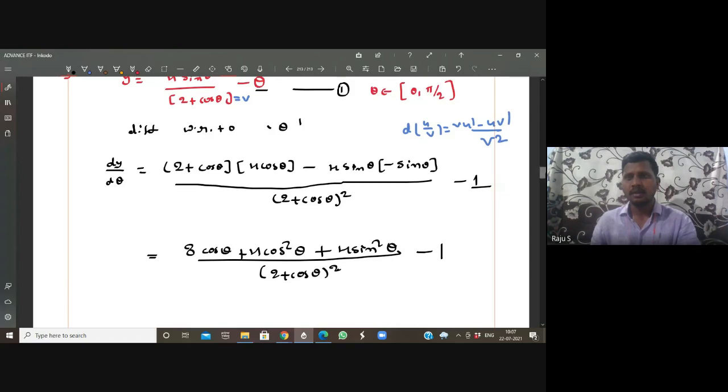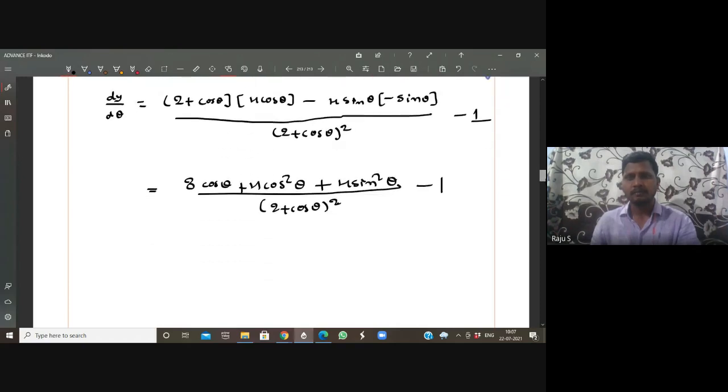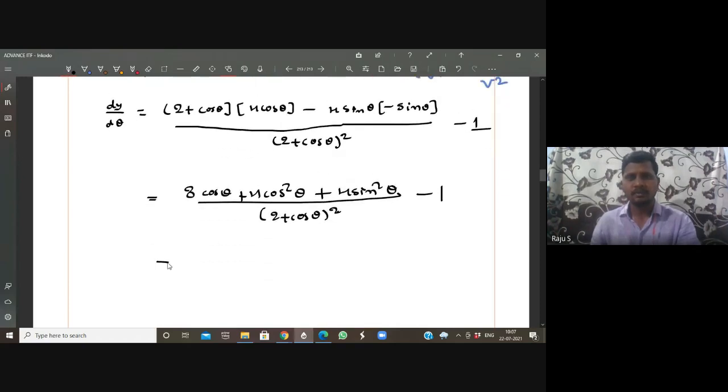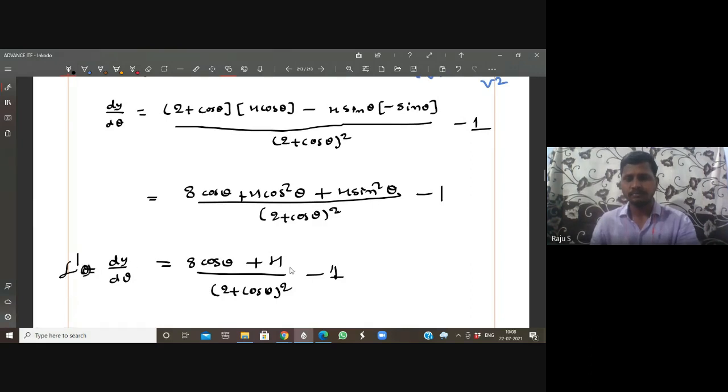So this is equal to 8 cos theta, then take 4 common: cos square theta plus sin square theta becomes 1. So I write simply 4 over 2 plus cos theta the whole square, minus 1. This is dy by d theta, or else we can write it as f dash of theta.